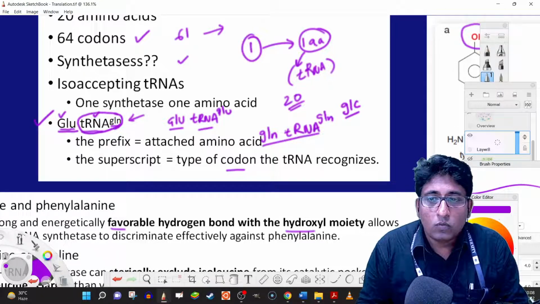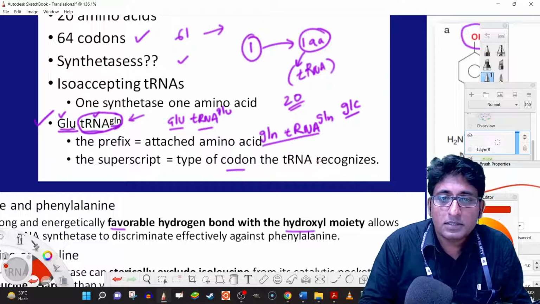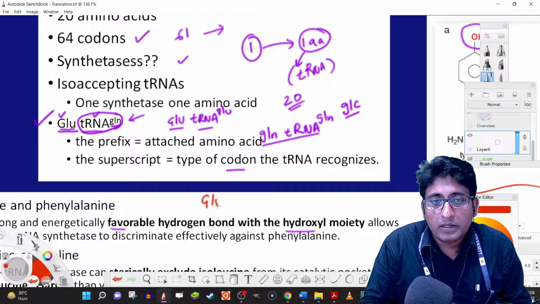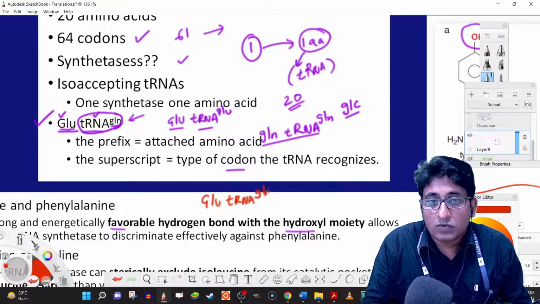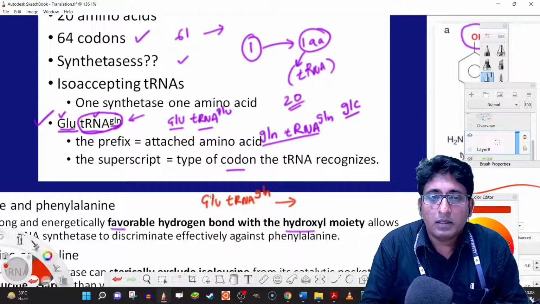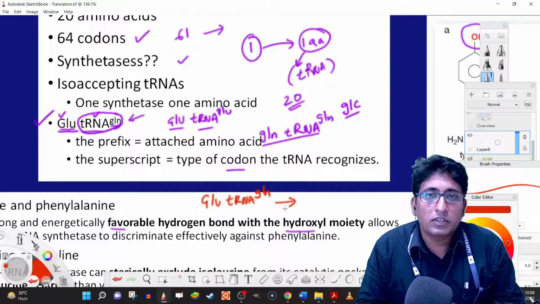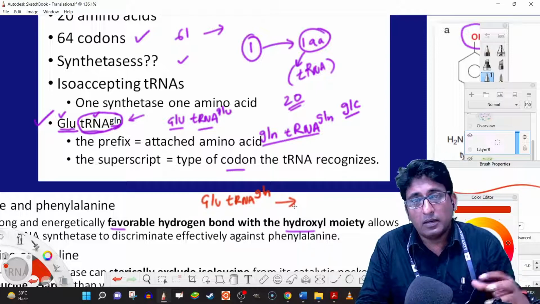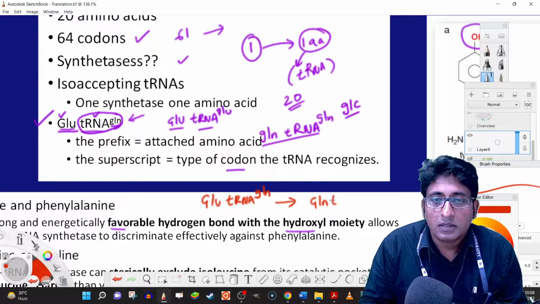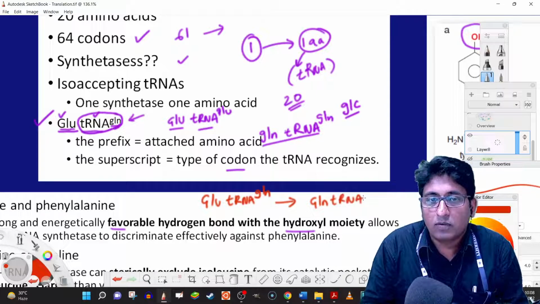So instead, first glutamic acid is added to the tRNA that is specific for glutamine, and then the carboxylic group of the glutamic acid is aminated, which means the glutamic acid has changed to glutamine on the tRNA for glutamine.